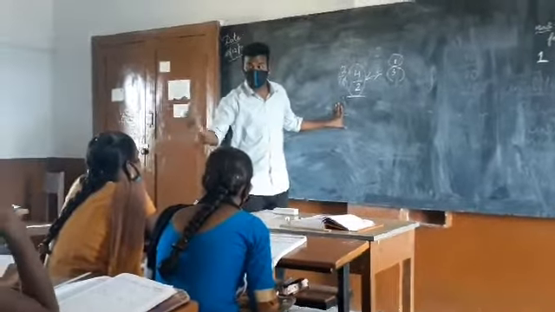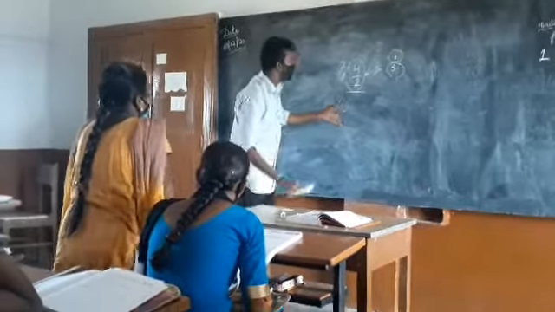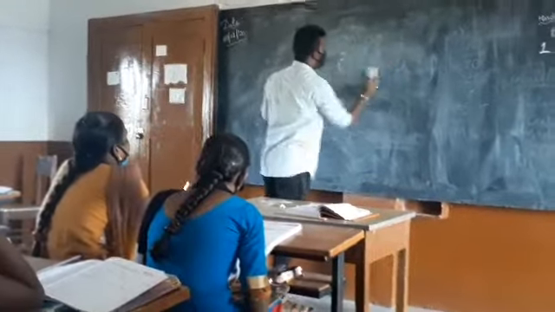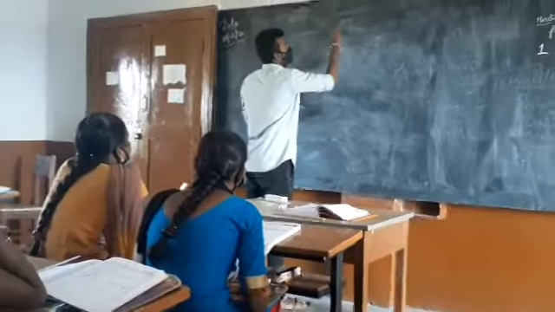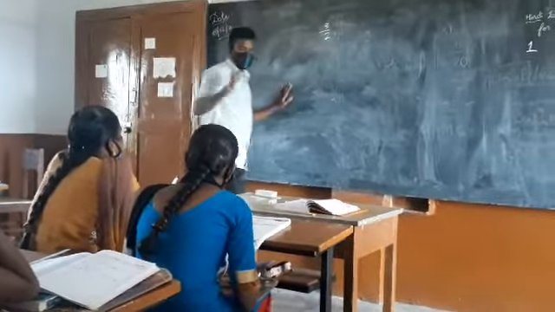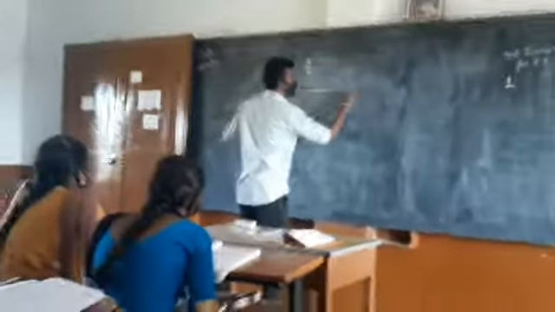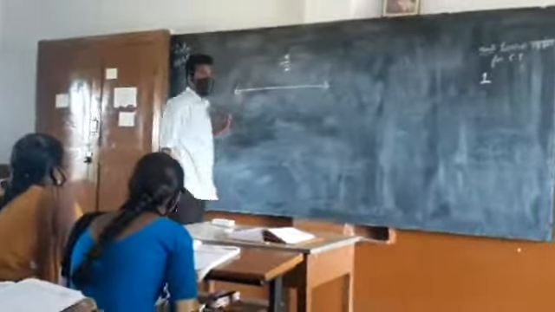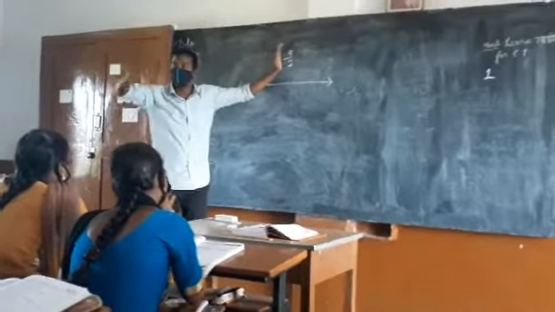Now, can you give me another example of improper fraction? 3 by 2. Very good. So, 3 by 2 is an improper fraction or proper fraction? Improper fraction. 3 by 2 is an improper fraction. Let us look how we can plot this. Do you know how to convert an improper fraction into a mixed fraction?